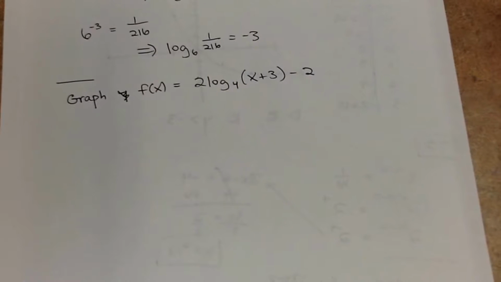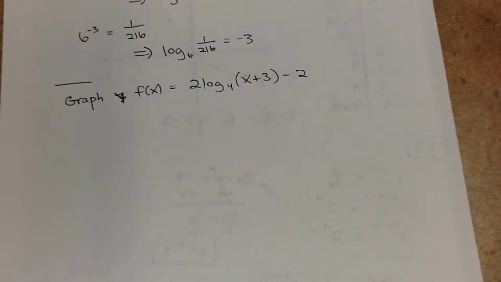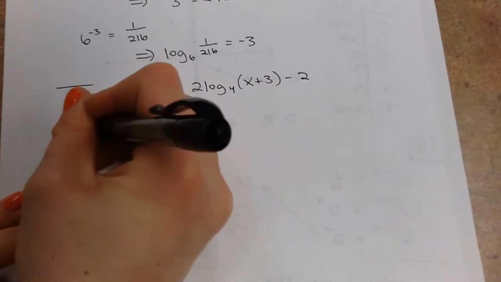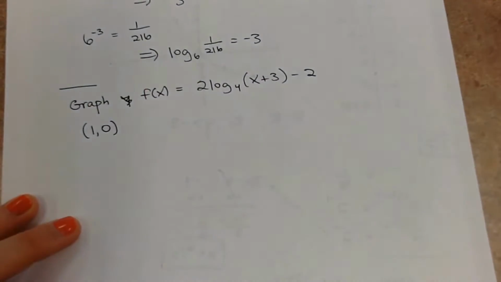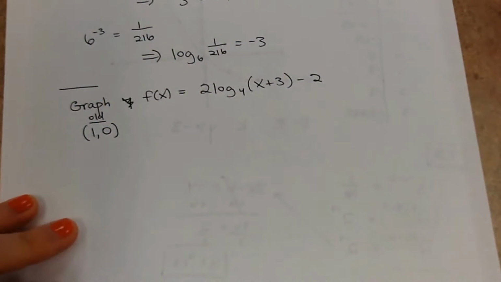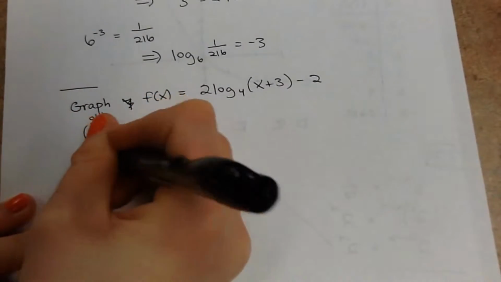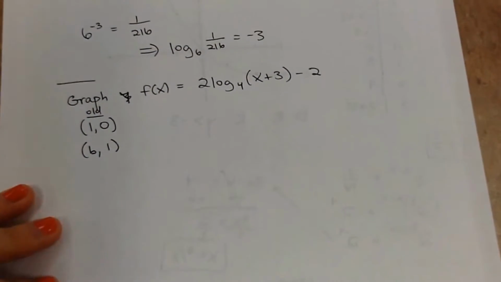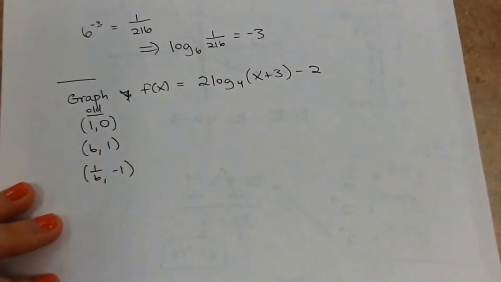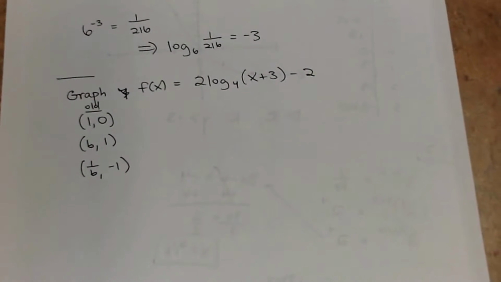We've been going off of these 3 original points on a logarithmic graph. A logarithmic graph always has the point 1, 0. All of them have the point 1, 0. So I'm going to write our old points here. They also all have the point b comma 1, and the point 1 over b, negative 1. Those are my original points.